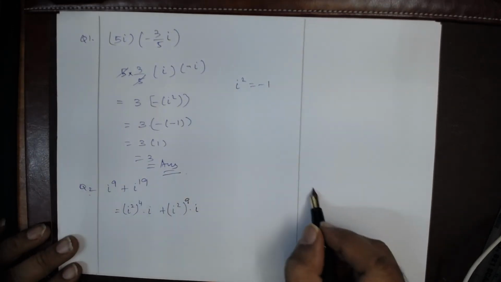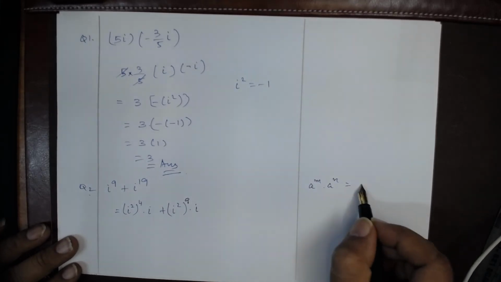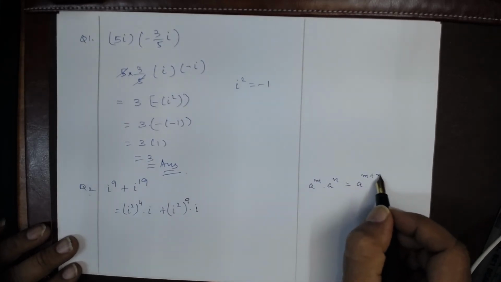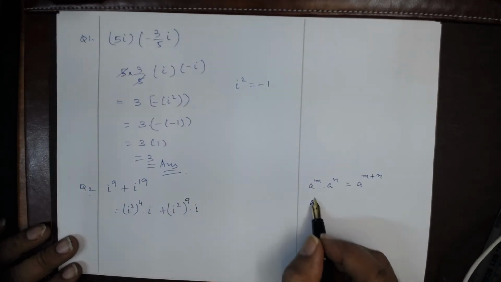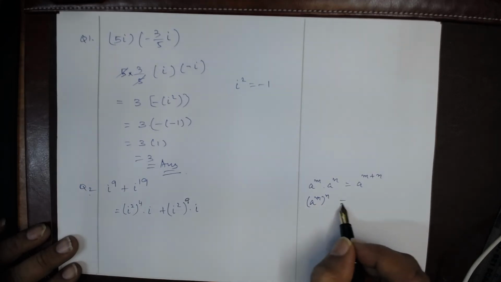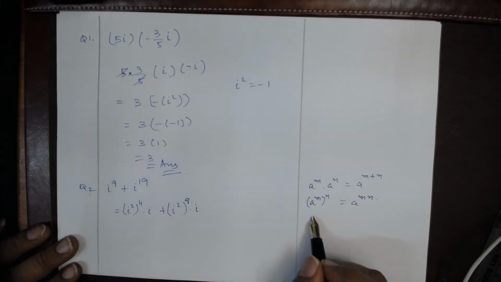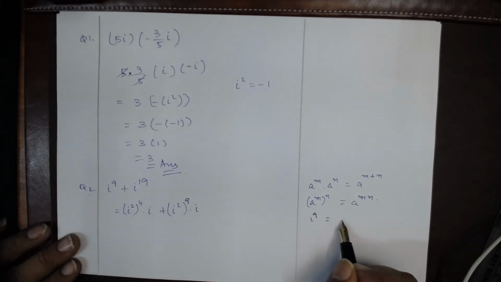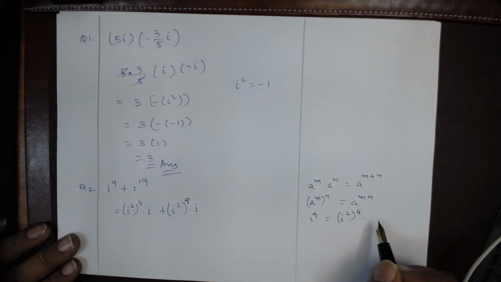So actually we take this formula: a to the power m into a to the power n is equal to a to the power m plus n, is it not? And (a to the power m) whole to the power n is equal to a to the power mn. Now I have written this i to the power 9 as (i squared) whole to the power 4 into i.